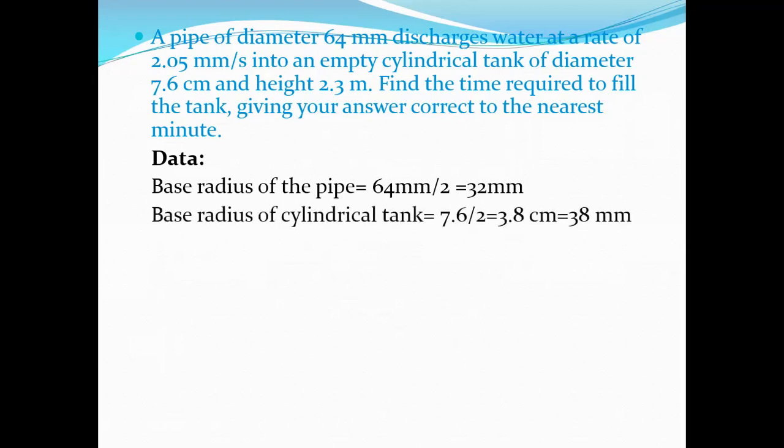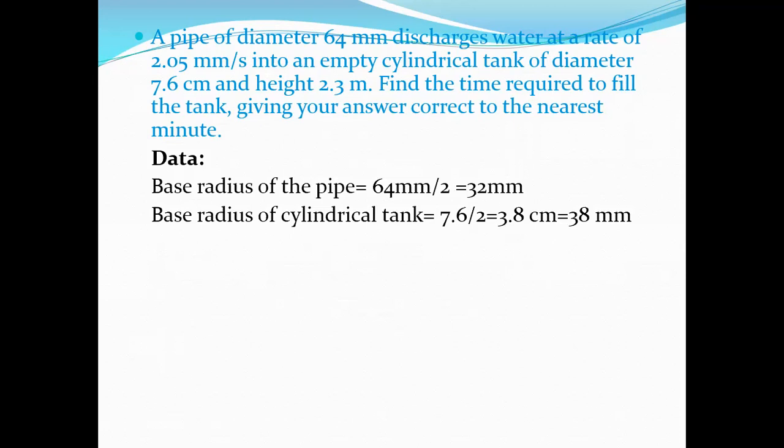And the base radius of the cylindrical tank is 7.6 divided by 2, which will be 3.8 centimeter. This time centimeter is given and you have to convert it into millimeter. Why? Because the discharge of water is given in millimeter per second.